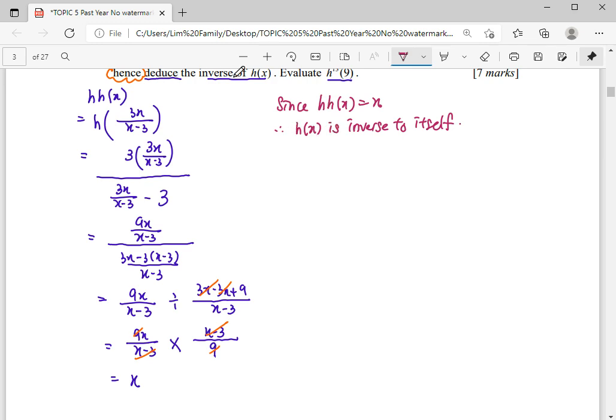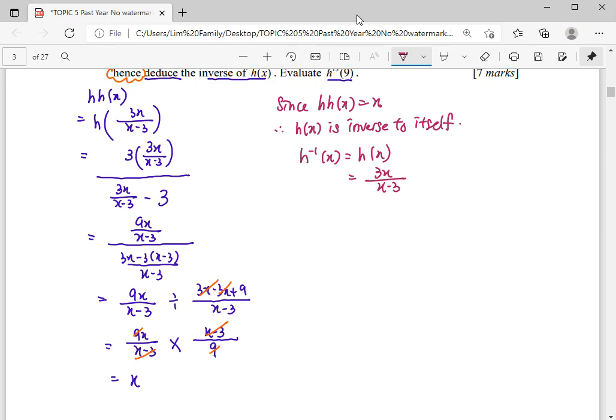Then to deduce our h inverse, h inverse will equal h(x), which is equal to 3x over x minus 3. So from the first part, this is how we connect and link it to the second part, the relation we see clearly in our result in the first part.